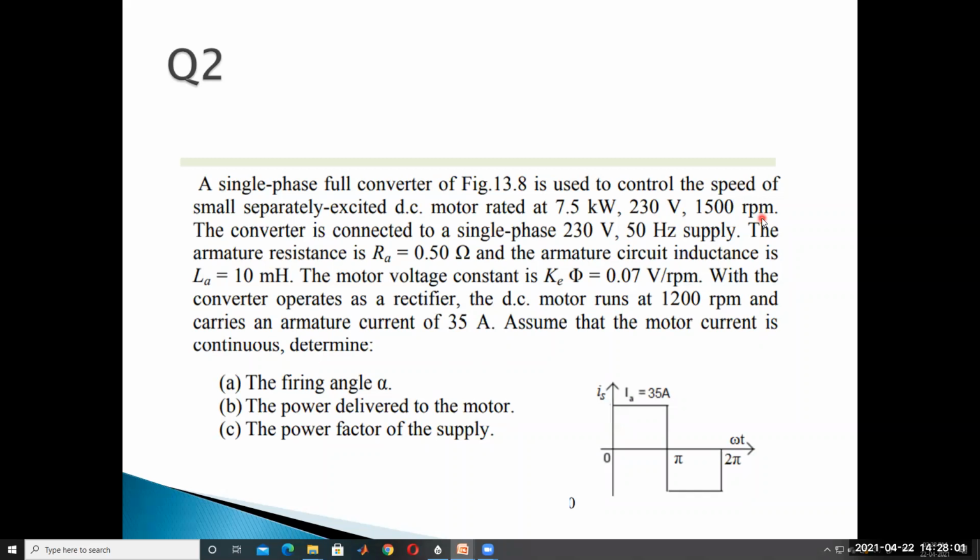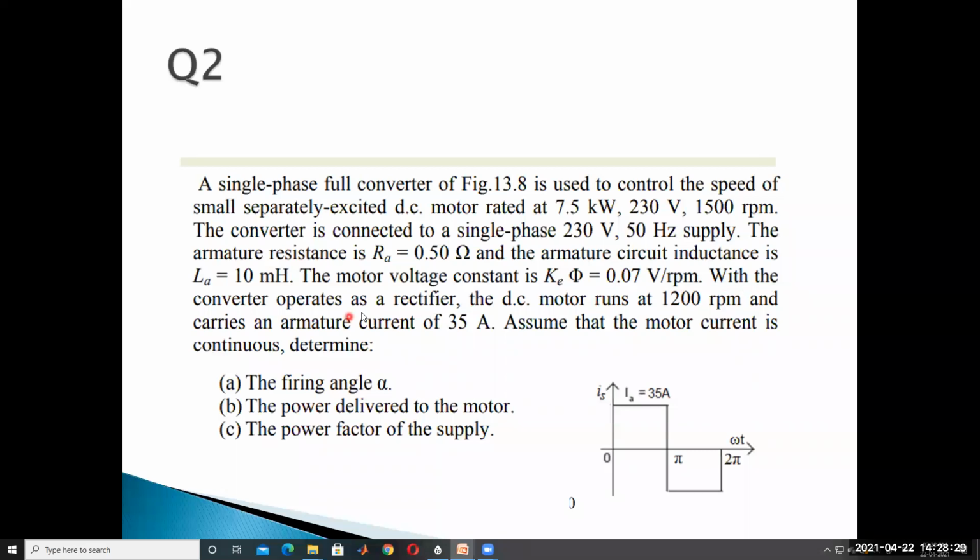The converter is connected to a single phase 230 volts 50 Hz supply. The armature resistance RA is equal to 0.5 ohms, the armature circuit inductance LA is equal to 10 millihenry, and the motor voltage constant K into phi is equal to 0.07 volts per RPM.